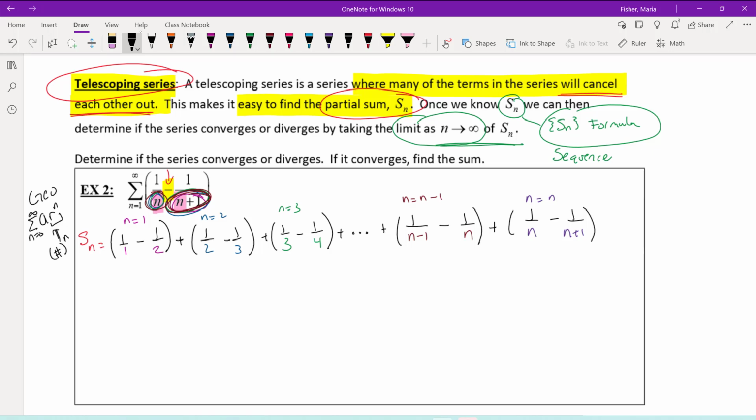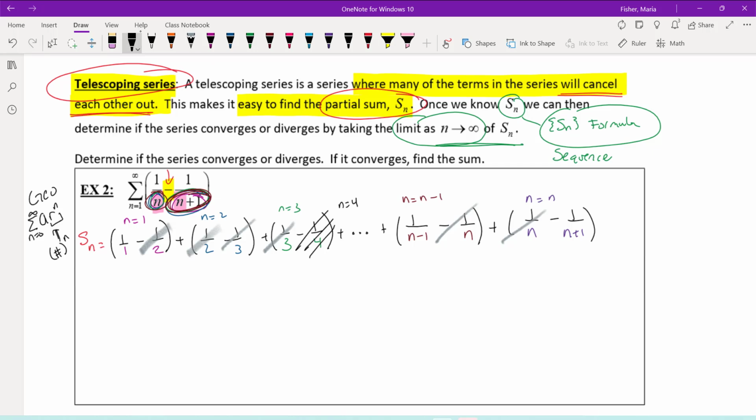Now let's see what, if anything, cancels. Well, I notice that I have a negative 1/2 and a positive 1/2. Those will cancel. Same thing here with the negative 1/3 and the positive 1/3. Those will cancel. Well, if I were to have written the next term here, n equal 4, I know this negative 1/4 would have canceled, so I know that that also goes away. On the other side, I notice that I have a negative 1 over n and a positive 1 over n, so I know that those will cancel.